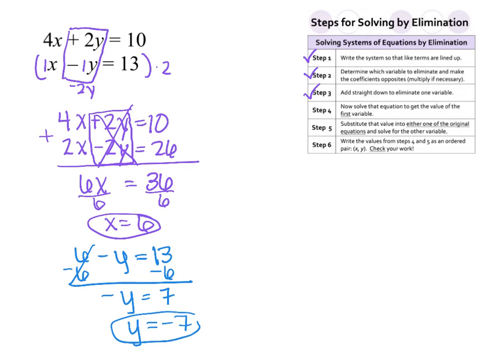Or I could show that I'm going to divide both sides by negative 1, because that's really what's in front of that y with a negative sign. After I find x and y, now I'm on to my last step, which is to write my answer as an ordered pair, 6 comma negative 7, and then check my work.